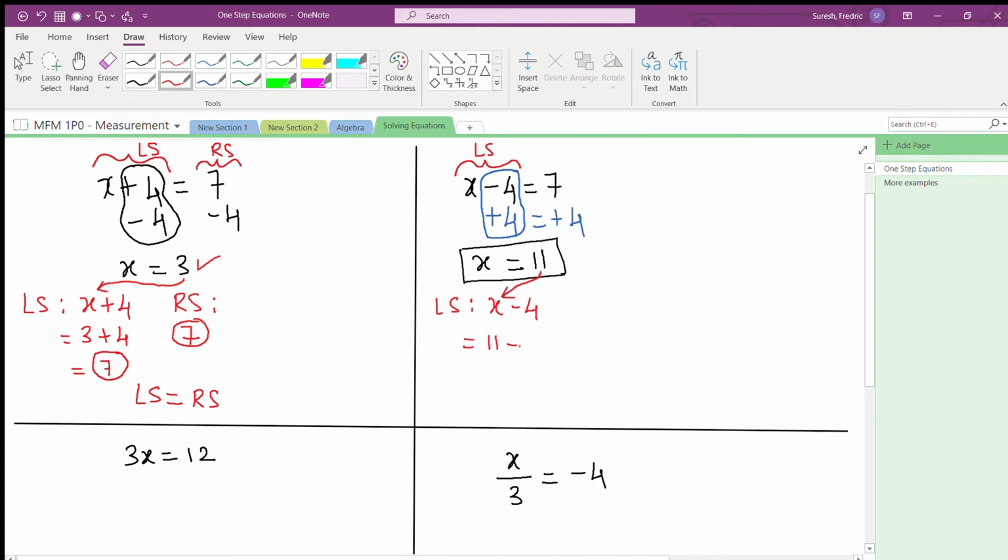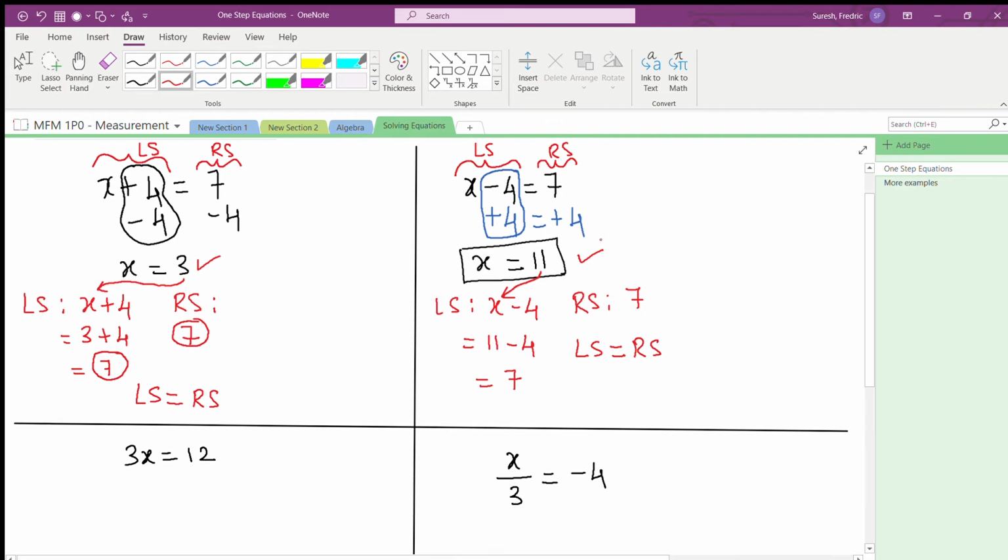So that is 11 take away 4, which is 7. And we know the right side here is 7. Right away we see that the left side value equals the right side value. Both are 7. Therefore, x equals 11 is my correct answer.